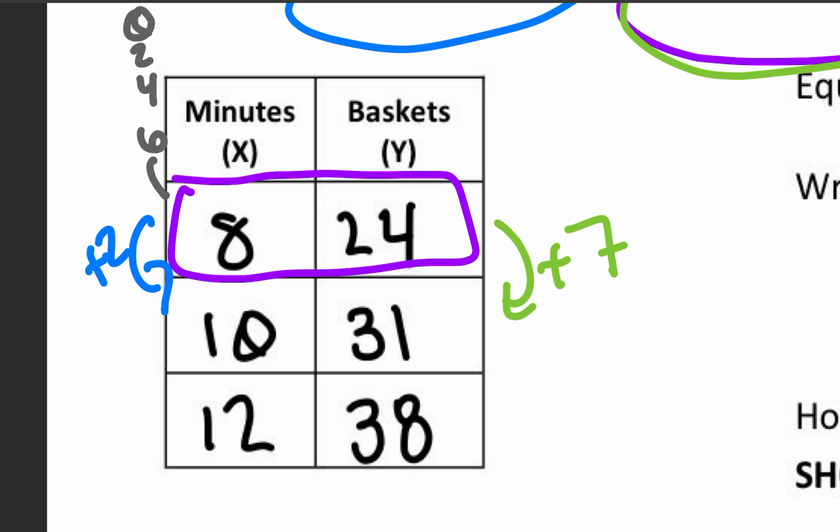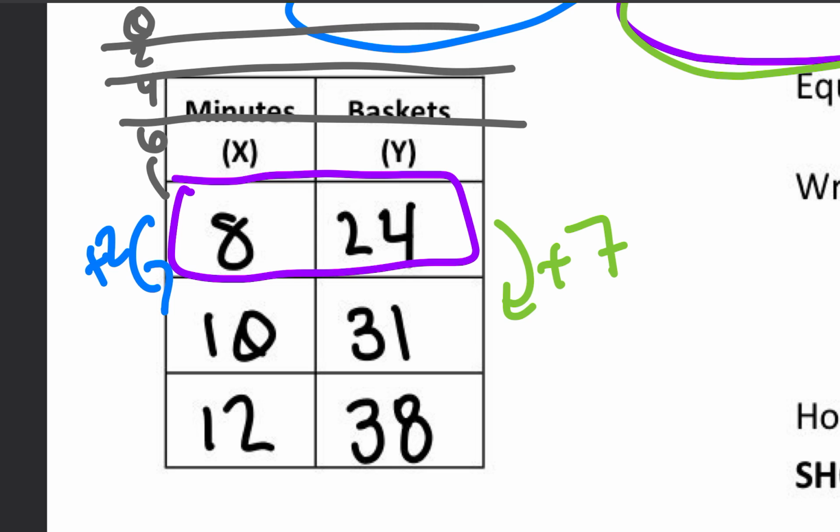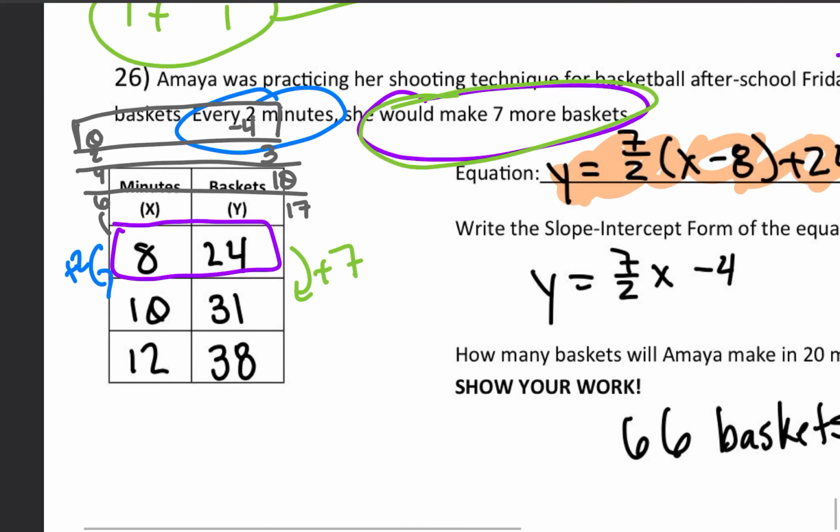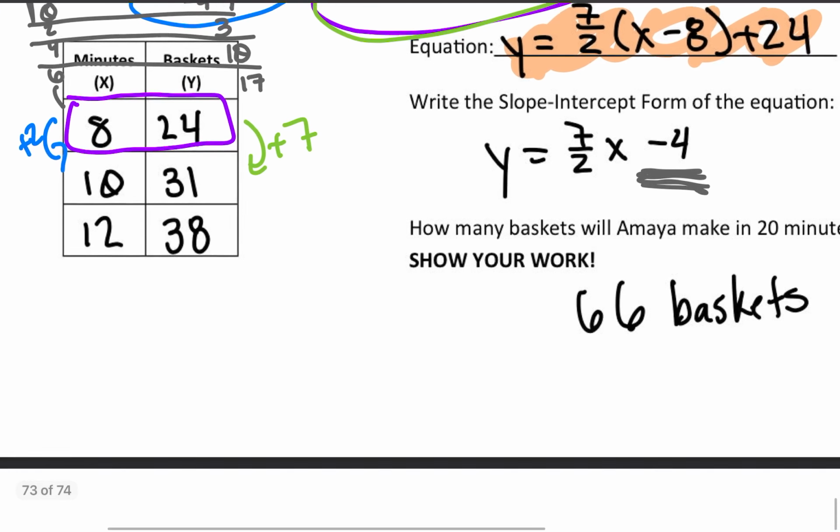And then above 24, so let me draw some lines here so you guys can see what I'm talking about. Above 24 is 17, above 17 is 10, above 10 is 3, above 3 is -4. So at time 0, we have a -4. And that is how I got this -4 in the slope-intercept form.